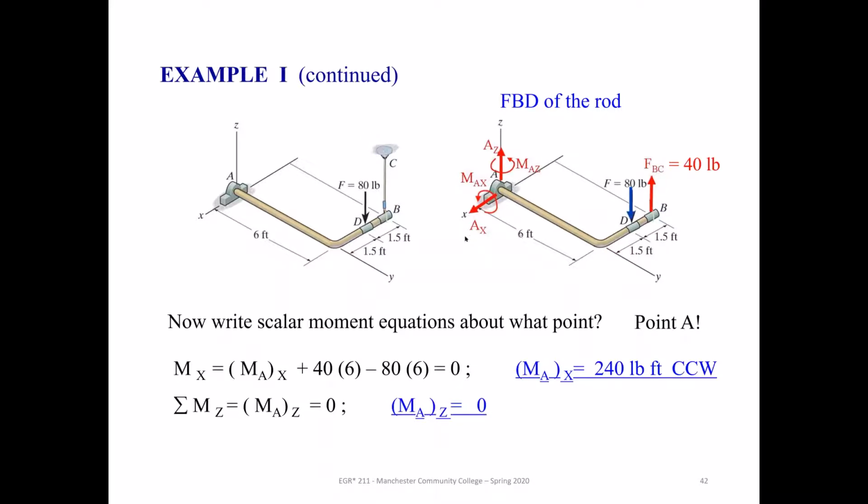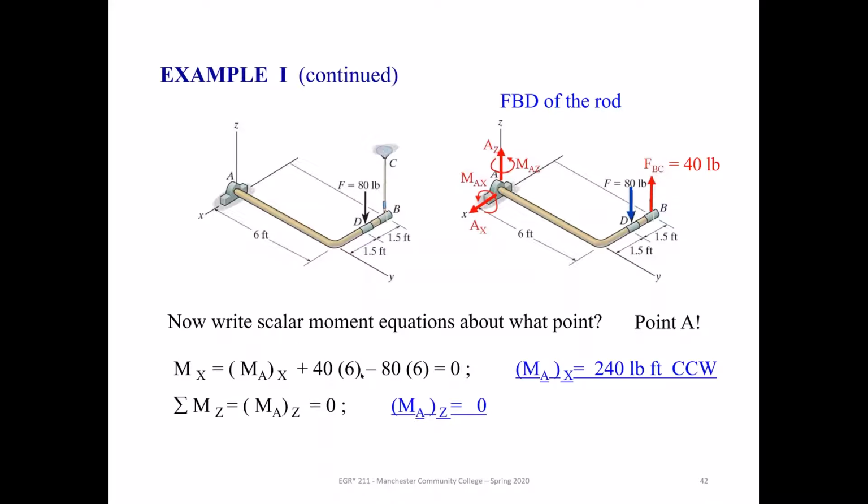And if you're looking at it from the front perspective, the 80-pound force is going to cause clockwise rotations. That's why it's negative. And the 40-pound is going to cause a counterclockwise rotation about this axis. And that's why this one is positive, okay?